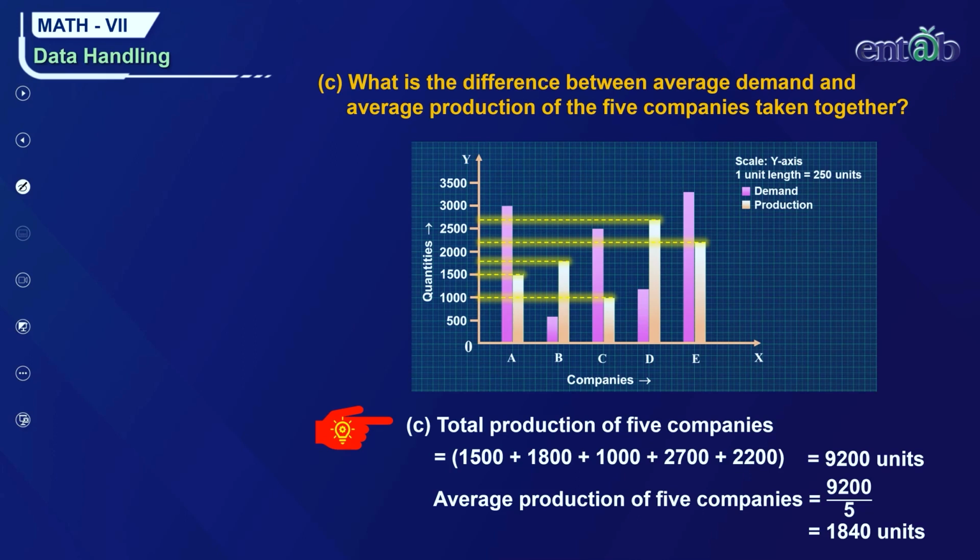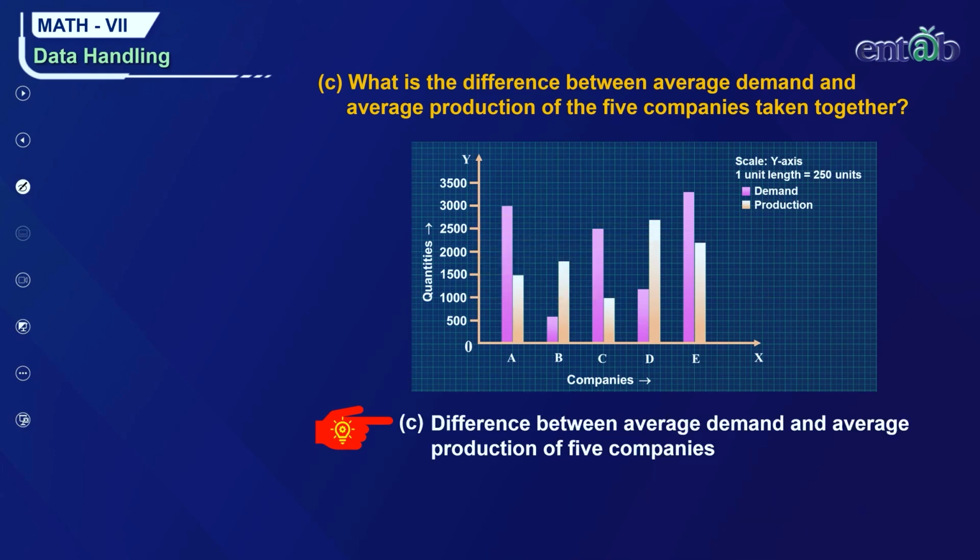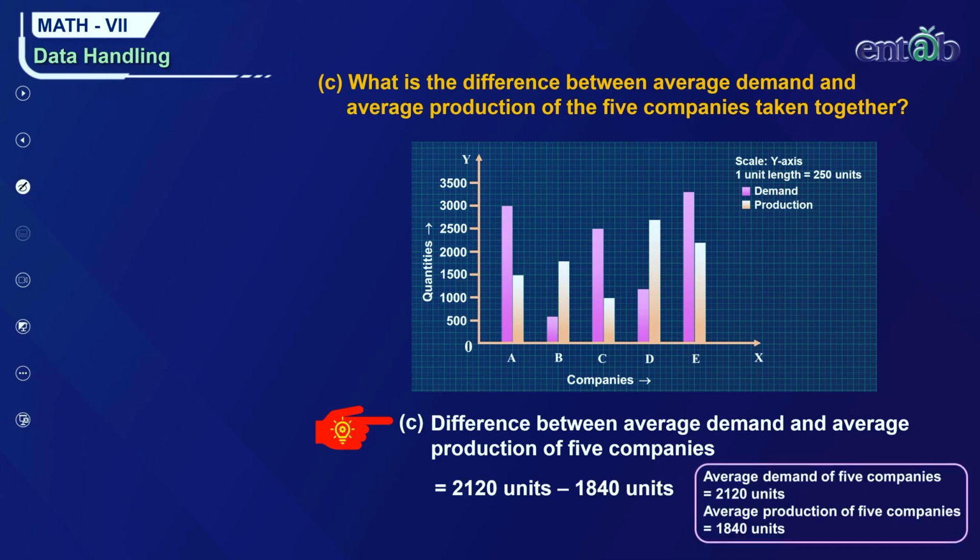The actual question is, what is the difference between the average demand and average production? So the difference will be 2120 units minus 1840 units, and the answer is 280 units, which is the required answer.